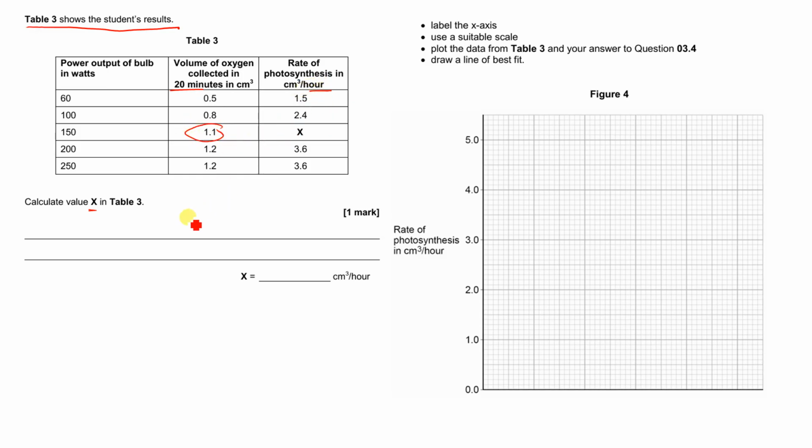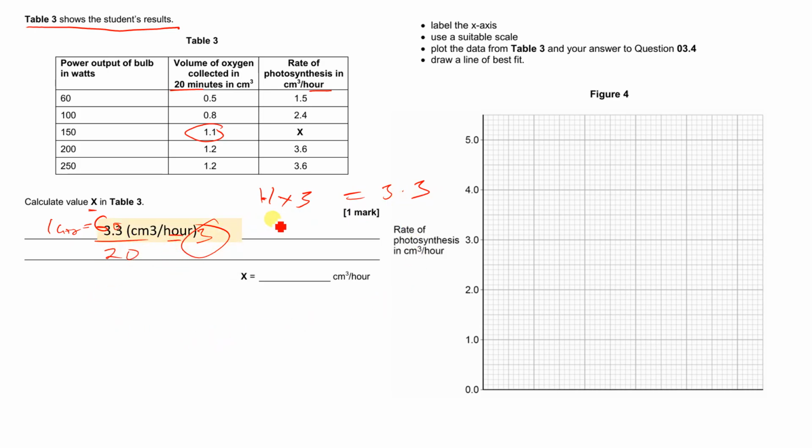So in an hour, it will be what? 1 hour is equal to 60 minutes. So for 20 minutes, 60 divided by 20 gives you 3. So if for 20 minutes you produce this, for 1 hour you produce 1.1 times 3, which will give you 3.3.